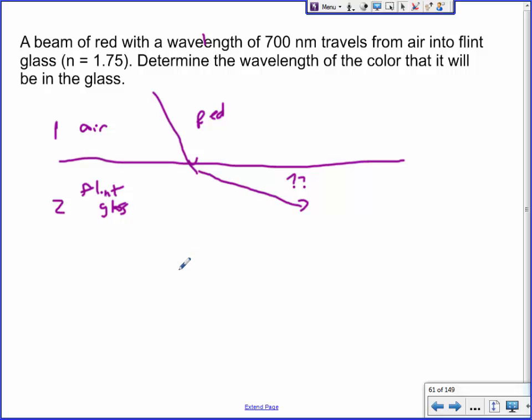Just start using your formula. So N2 over N1 will equal wavelength 1 over wavelength 2. N2, flint glass, was 1.75. Air, I know your formula sheet says 1.00. Let's just go with the 1.0003, though. Just add on that extra little bit.